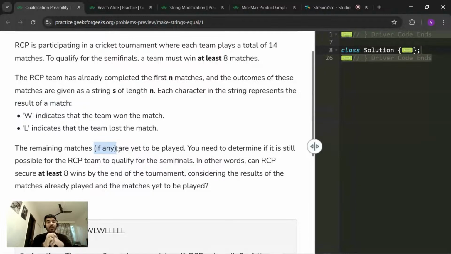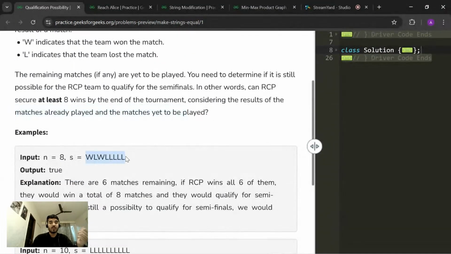N matches have been played, so the number of remaining matches is 14 minus n, and they are yet to be played. You need to determine if there exists some strategy for RCB to win at least 8 matches to qualify for the semi-final. In other words, RCB secures at least 8 wins by the end of the tournament, considering the results of the matches already played and the matches yet to be played.